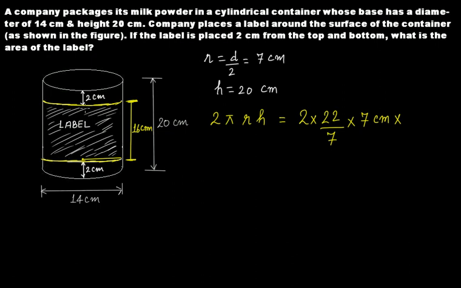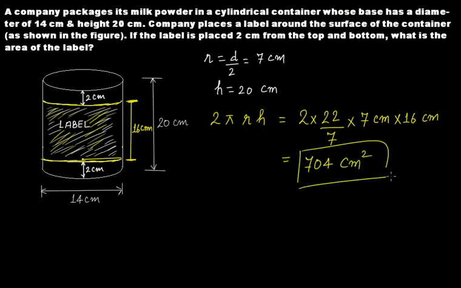We only need this shaded region, the area of this shaded region. It means that height will not be 20 but 16 centimeter. When you calculate this, your answer will be 704 centimeter squared. This will be your answer.